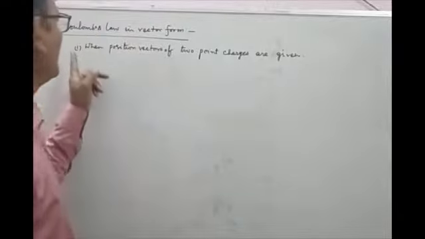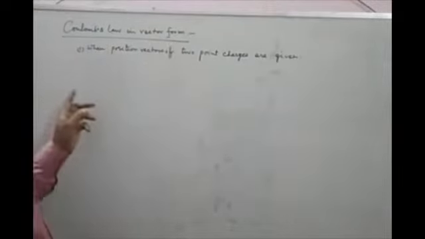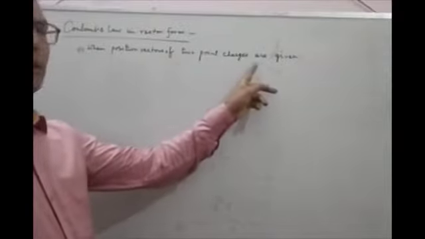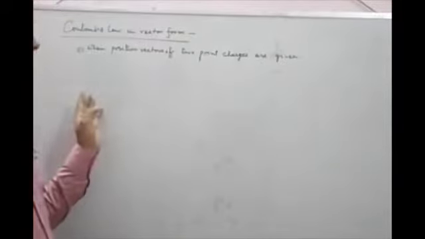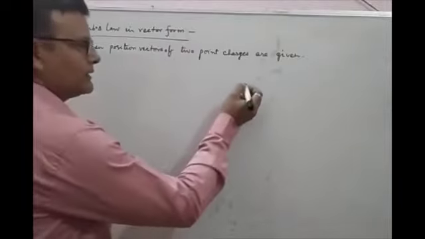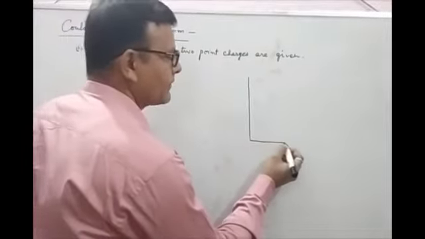So Coulomb's law in vector form, first condition is when position vectors of 2 point charges are given.